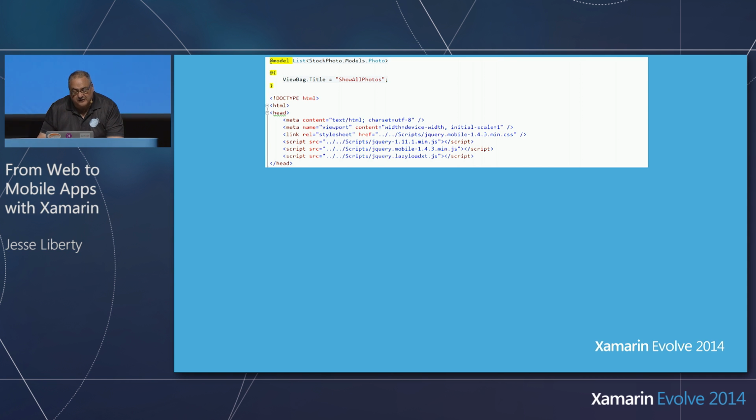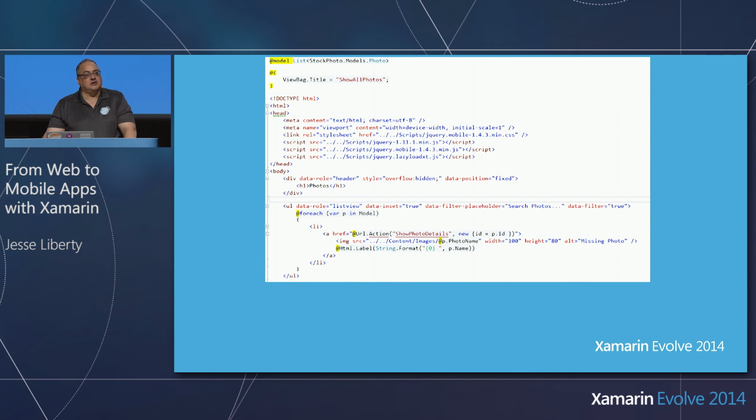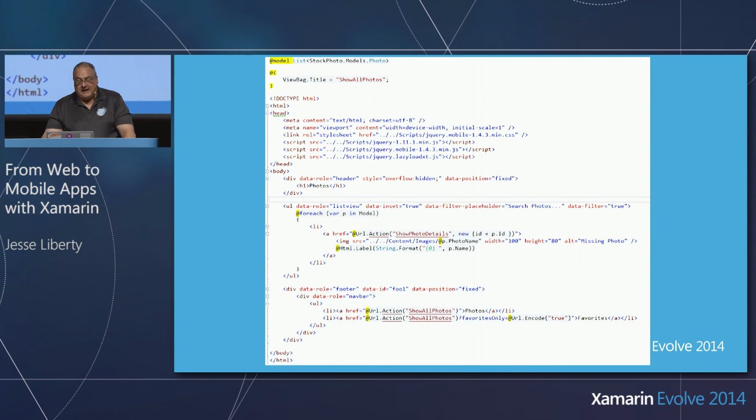Let me zoom in on that for you just a little bit. You can see that that is straightforward CSHTML. And we lay out the page, and we have a footer. And once again, this is straightforward CSHTML with URL actions that take you back to your controller.